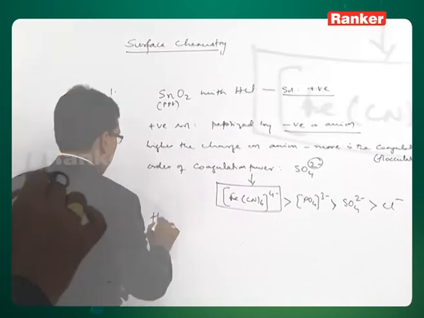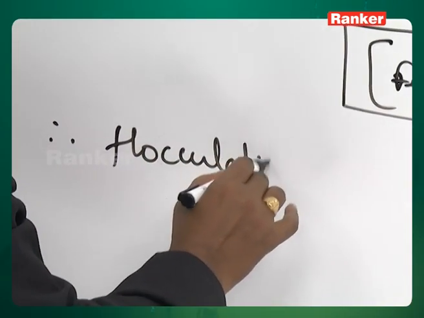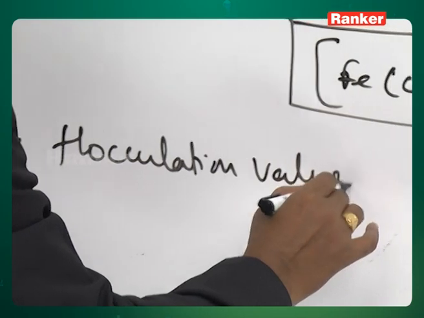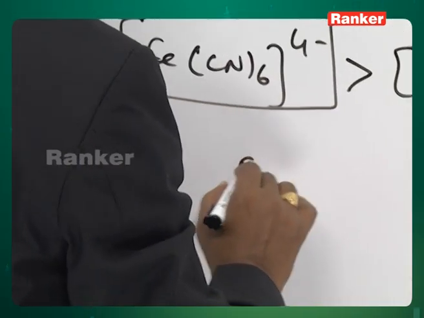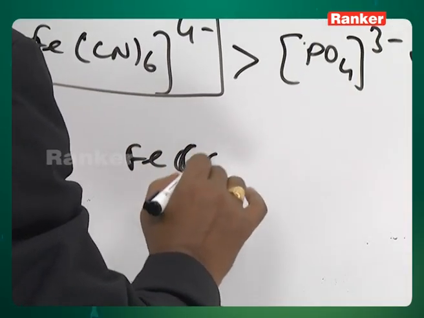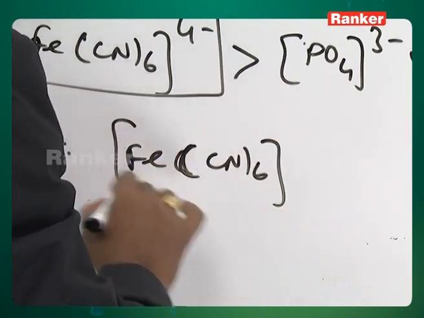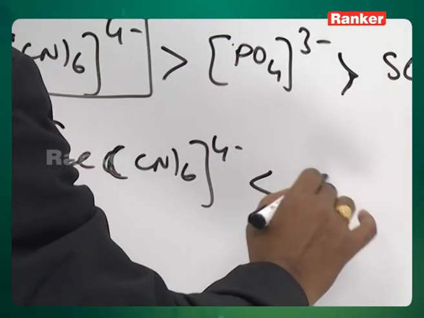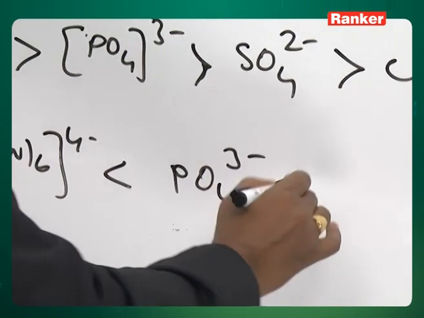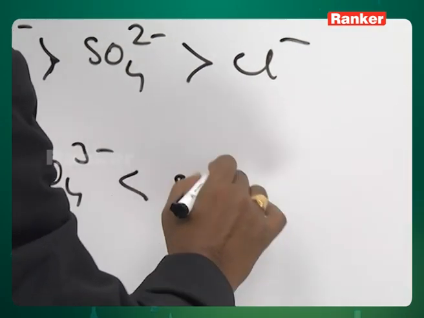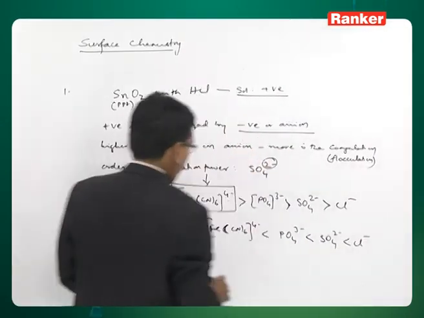So, flocculation value is that ferrocyanide less than phosphate less than sulphate less than chloride.